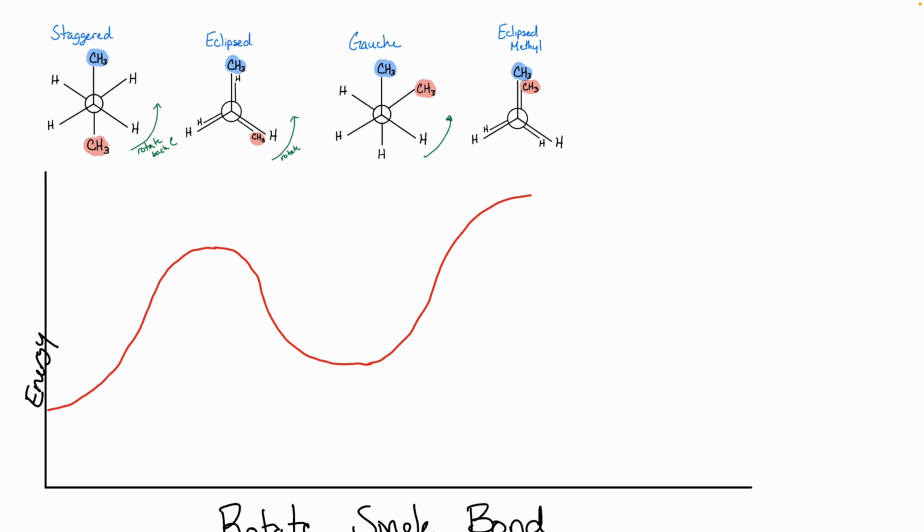All right, if we keep going, I want everybody to take a second and try to draw me what the next state will be if we keep on rotating about that back carbon.